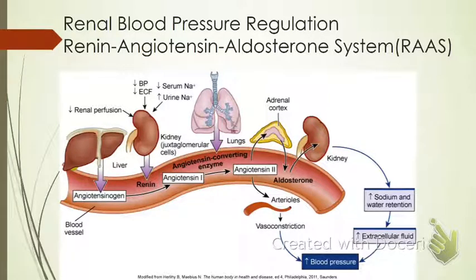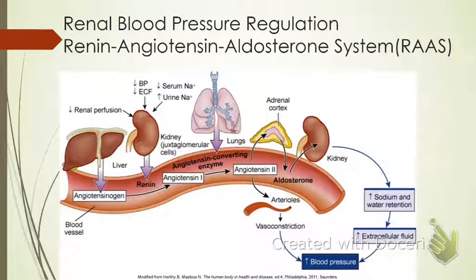Angiotensin 2 causes vasoconstriction, and at the very end of this, aldosterone goes back to the kidney and causes sodium and water retention. So if you are low on your blood pressure, you want vasoconstriction, what else do you want? You have a low blood pressure, you don't have enough fluid volume. You want more fluid. So we send a message to the kidneys, hey, hold on to some fluid.